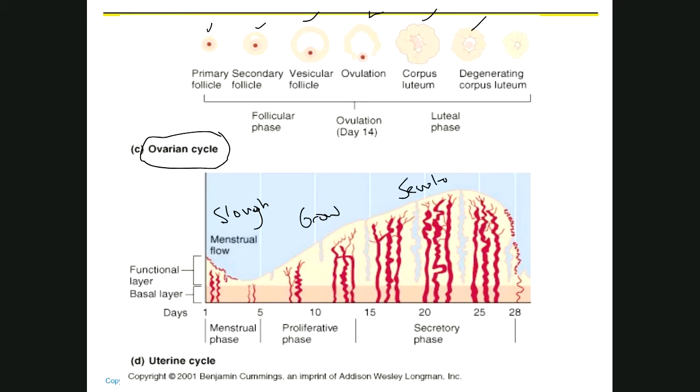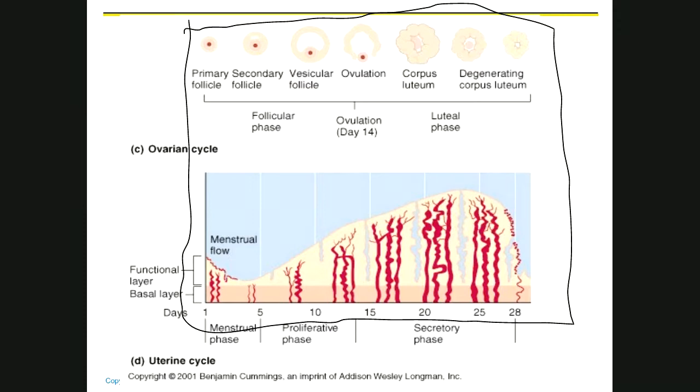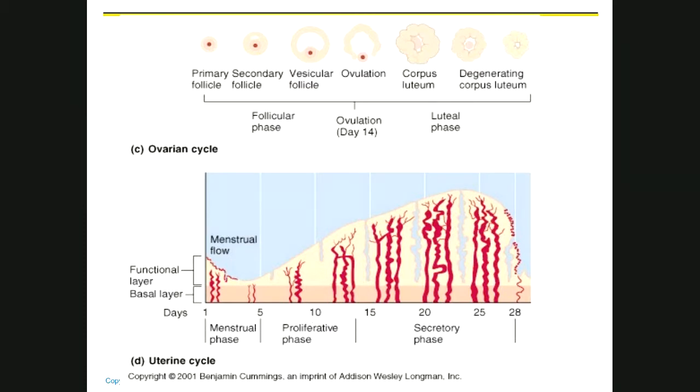Well, look, these two cycles are connected to each other. They happen at exactly the same time. So remember, the whole cycle takes about 28 days. Well, that's true for both of these. So here's day 0, and here's day 28 over here. It's exactly the same here. Here's day 0, and here's day 28 over here. And so here's when ovulation happens.